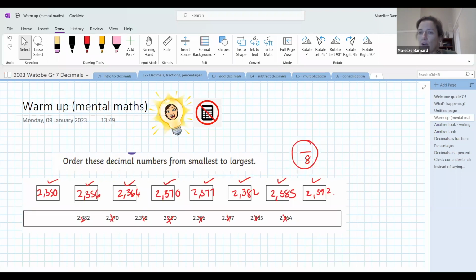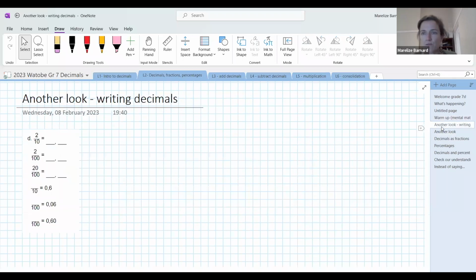We are going to carry on now, and we are going to start looking at how to write decimals and fractions and percentages, all of those 3 different forms. And just as a little reminder, how do we write decimals? So here we've got 2/10, and if I had to write 2/10 as a decimal, what would it be?